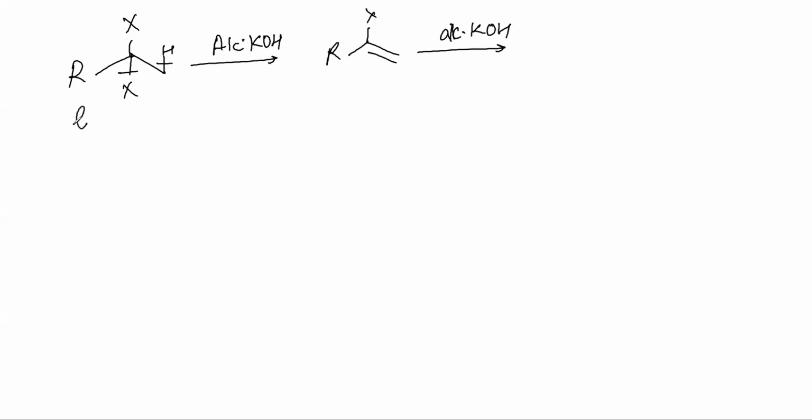This is what we call gem dihalide. Gem means geminal. And what happens in the case of geminal dihalide? Same reaction. When both the halogens are attached to the same carbon, we call them gem.